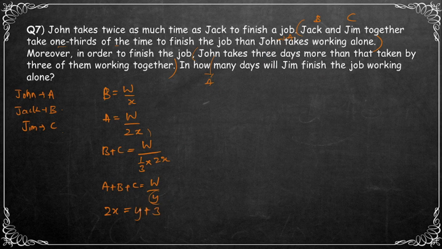In order to eliminate y, we can rewrite this as y is equal to 2x minus 3. So A plus B plus C is nothing but W by 2x minus 3. That's it. Now they are asking in how many days will Jim finish the job. Jim is C. We need to find C.